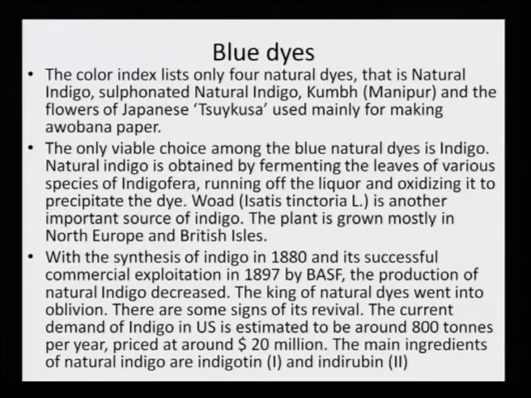And if they pass this test of fastness property, they are good materials and they can be considered in the series of natural dyes. The only viable choice among the blue natural dyes is indigo. Natural indigo is obtained by fermenting the leaves of various species of Indigofera, running off the liquor and oxidizing it to precipitate the dye.